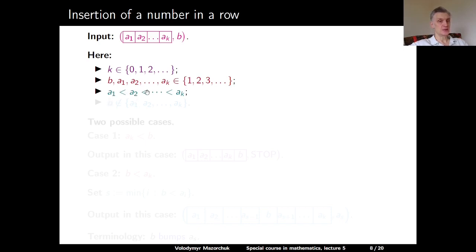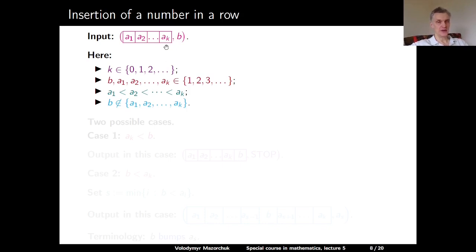So a1 is smaller than a2, smaller than, and so on, smaller than ak. So the starting sequence a1, a2, and so on, ak is increasing, and b is different from any of these ai's. So all the integers involved in this algorithm must be different.